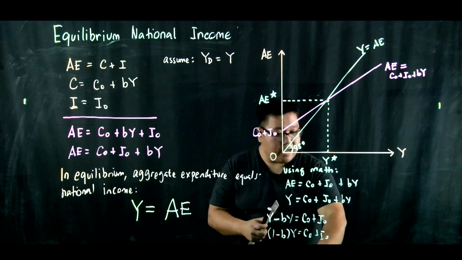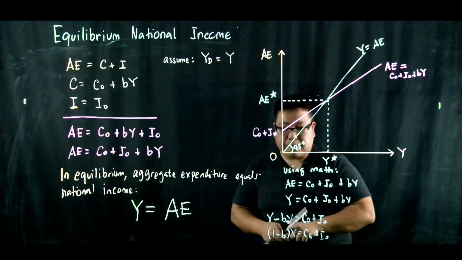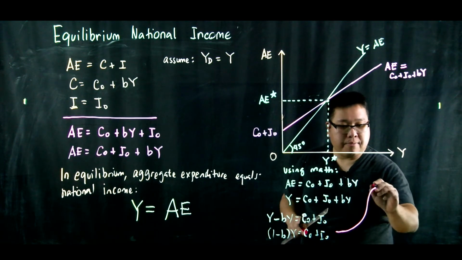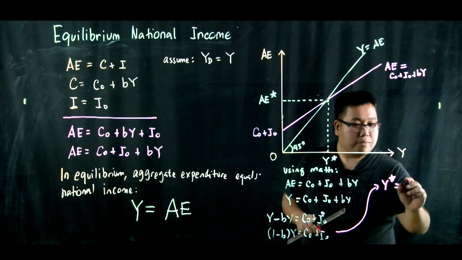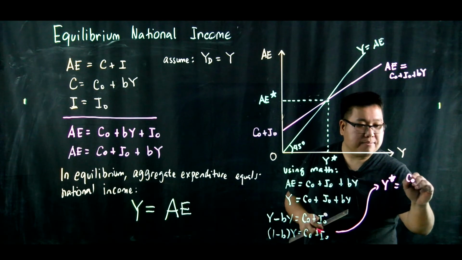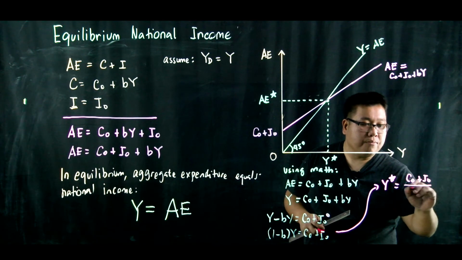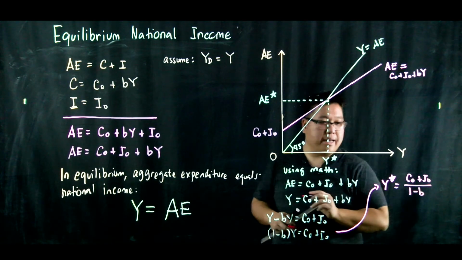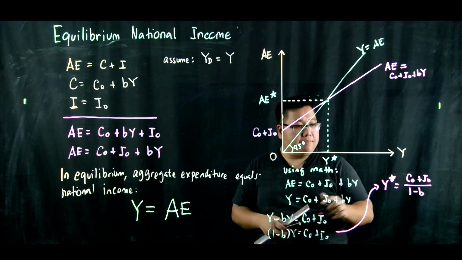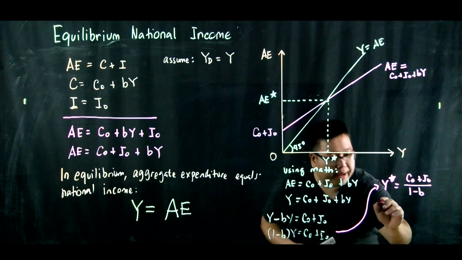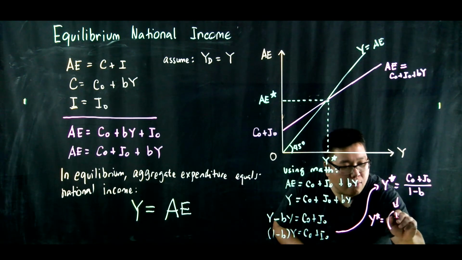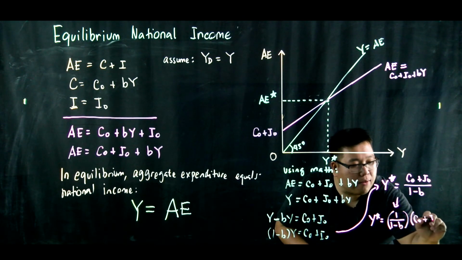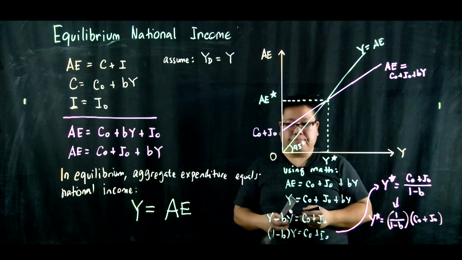And finally, if I divide both sides by 1 minus B, I have here my Y star, which is C sub 0 plus I sub 0 over 1 minus B. Now, I can also express it this way: Y star is equal to 1 over 1 minus B times C sub 0 plus I sub 0.